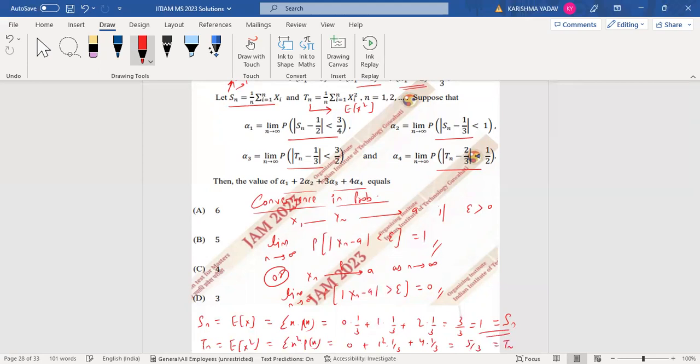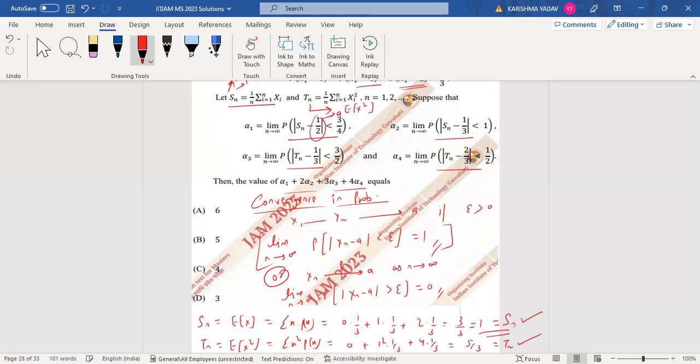So I have my Sn and Tn values. Now I'll put the values of Sn and Tn in this and see which one satisfies the convergence in probability rule. So if the difference in these values, that is Sn minus something, whatever is given here, this is my a.